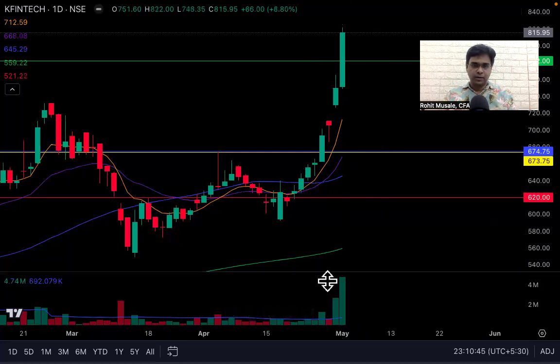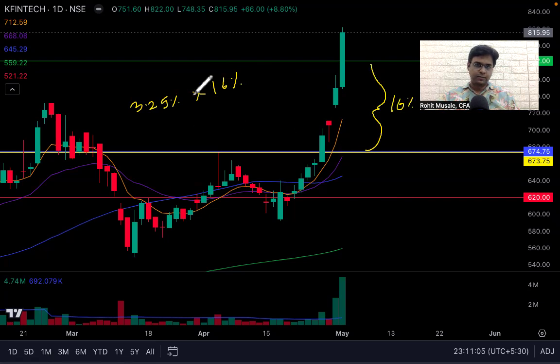So now let us look at the percentage. How much money did I actually make on this? I put 3.25% of my portfolio, did not sell a single share, multiplied by 16%, because this distance is 16%, correct? So 3.25 multiplied by 16% is 0.52%.